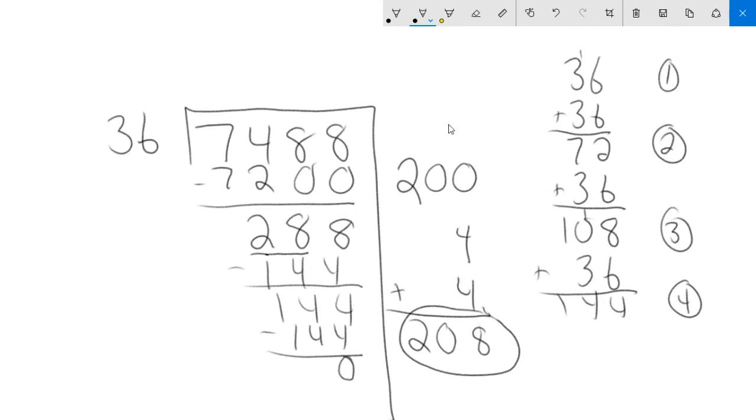It is so much harder if every single time you do this, you have to rethink it. And it's really, really hard if you're only taking away 36 at a time and you're subtracting 36 208 times, okay? So we want to take advantage of some of the things we know about multiplication to make this easier for us, all right?